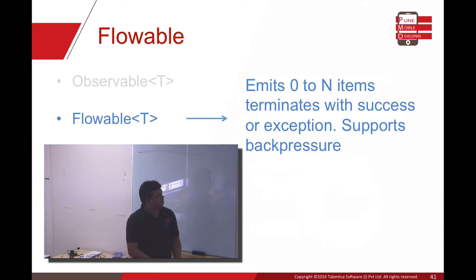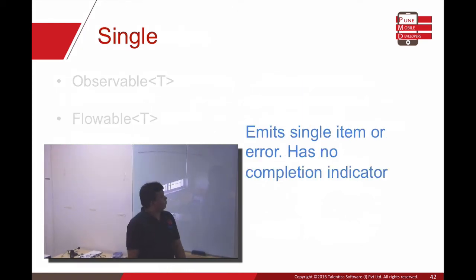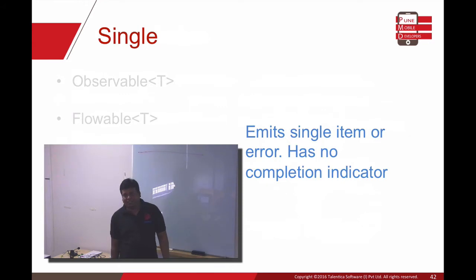There are some back pressure strategies: you can drop some data, you can use a buffer, you can increase the buffer size. So if you are dealing with a situation where the data emission is too fast, you can use Flowable. By the way, another reason to use reactive programming is that Android architecture components are compatible with these Observable and Flowable types.